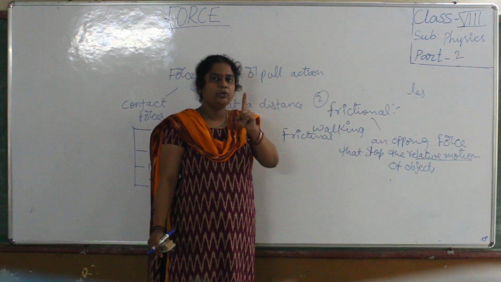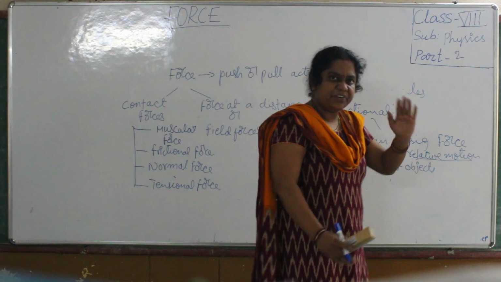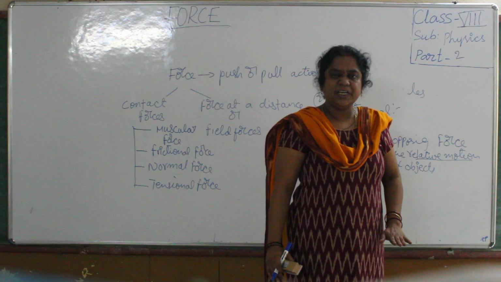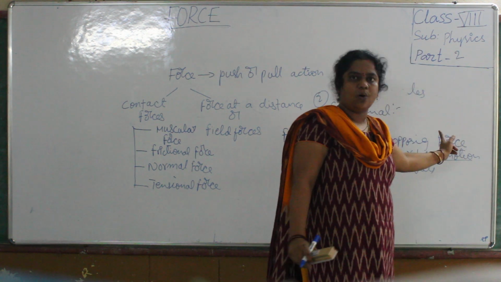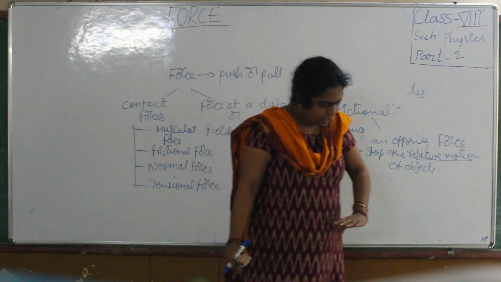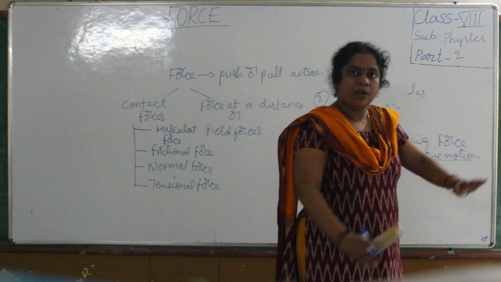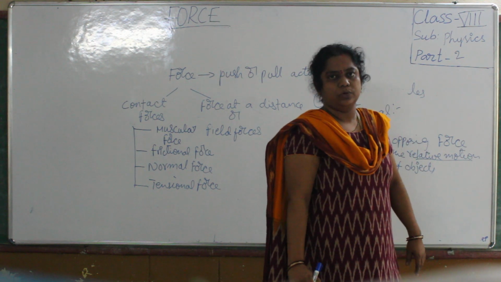When the object is in movement, friction will stop it. When the object is at rest, friction will help the body to move. Here, when you kick, the ball is already moving, and the moving ball will stop because of the friction provided by the ground.